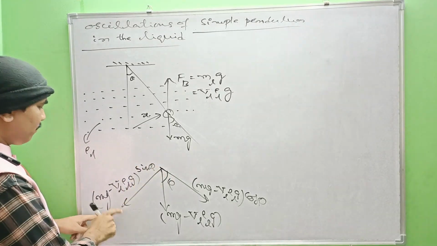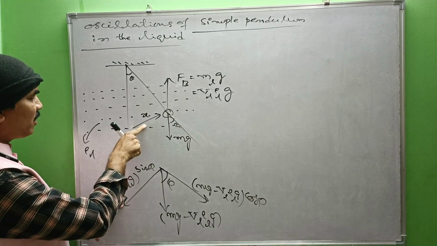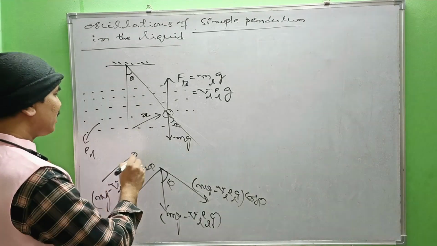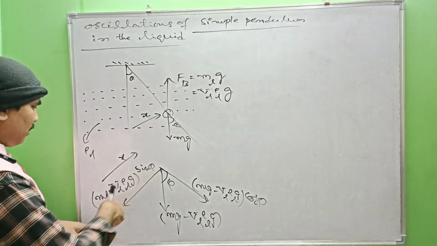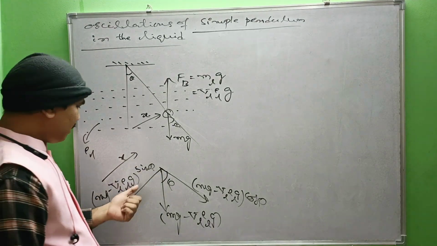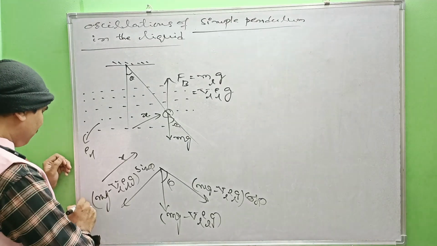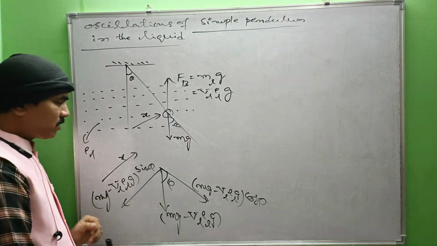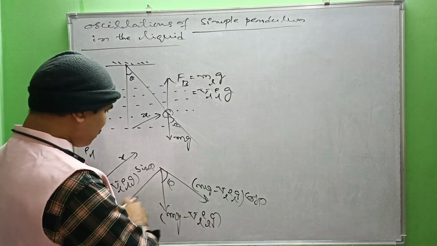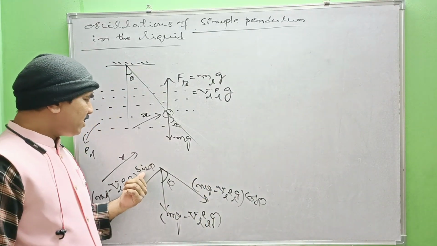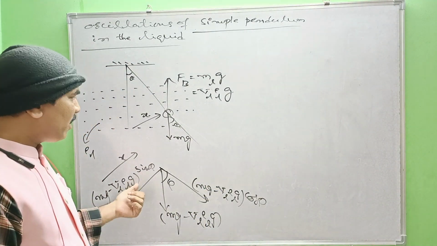The direction of this sine component is opposite to displacement. Why? Because displacement is like this, x, but mg minus VL rho L g sine theta is opposite to displacement. So this must be equal to the restoring force. The direction of this component is towards the mean position.